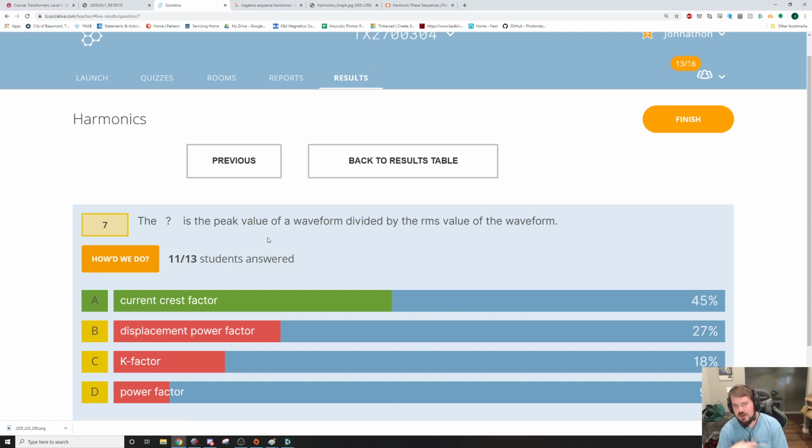As you can see by seeing me have to read up all this, harmonics is not a thing that's discussed very much. This whole Transformers level 1 is the theory of Transformers.